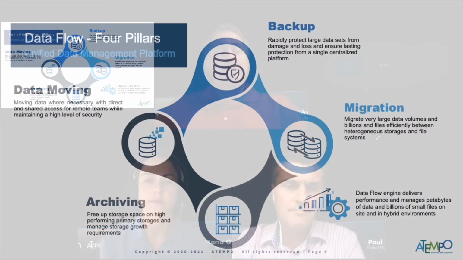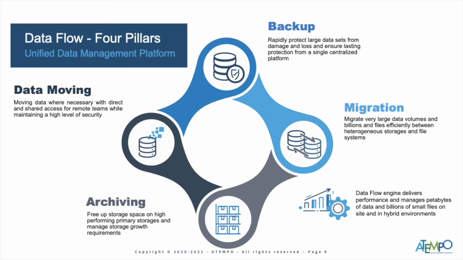But archiving at the bottom is long-term preservation, being able to move things off. I don't need things that are over 6 months old and haven't been accessed in 4 months. Whatever thresholds you want to set, you can tier those off. Let's move them to another piece of storage, move them to cloud, something cheaper, so they're not taking up our production storage. The big one we're talking about today is more of migration.